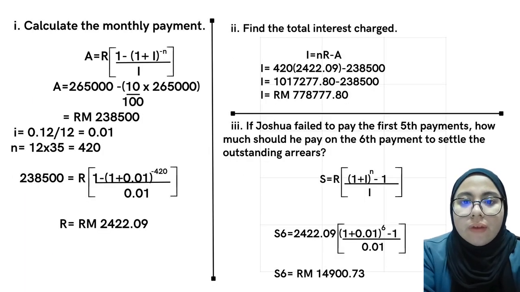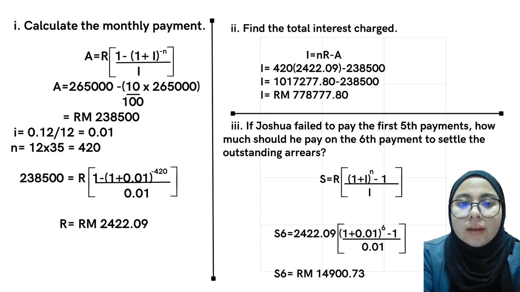First question is to calculate the monthly payment. I use the present value formula, which is A equals R in bracket 1 minus (1 plus i) to the power of negative n over i. Then find the value of A, which is 265,000 minus 26,500 equals 238,500. i equals 0.01 and n equals 420.